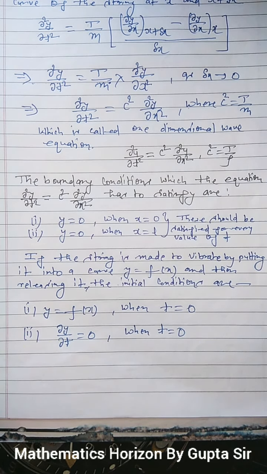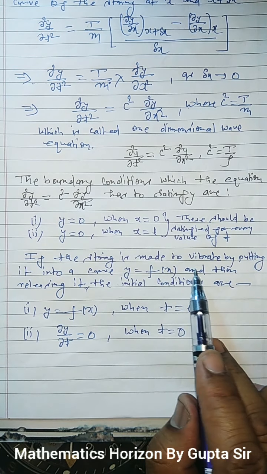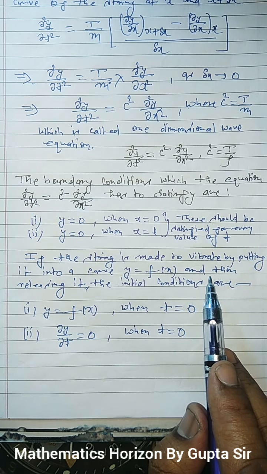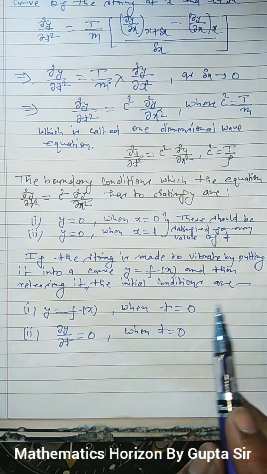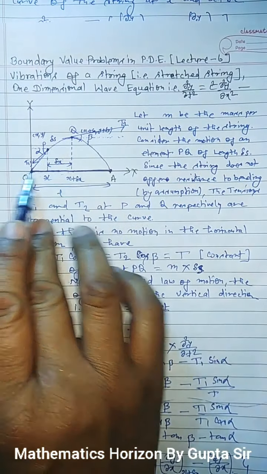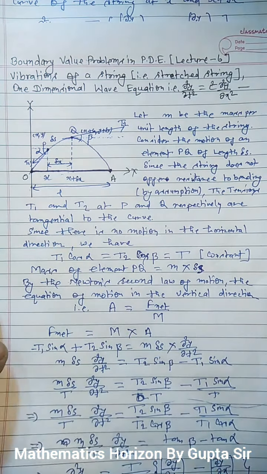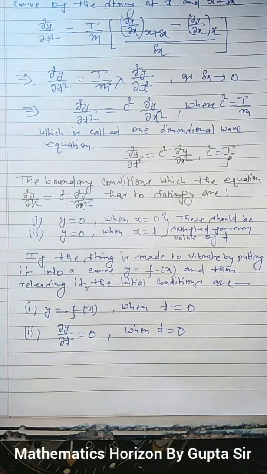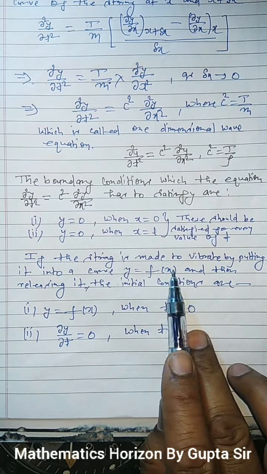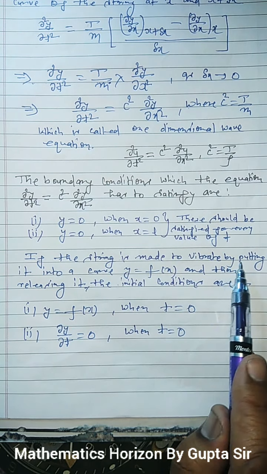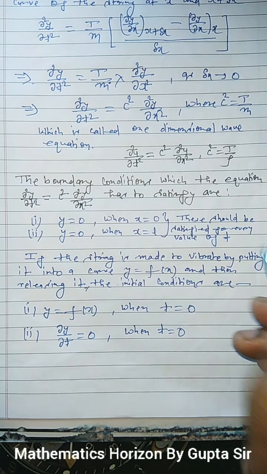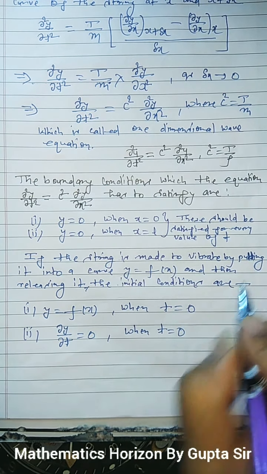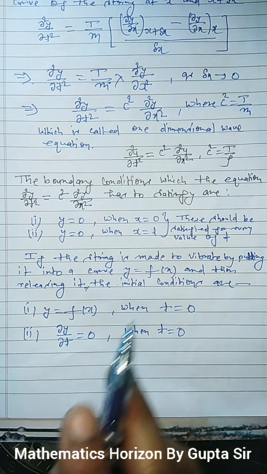Now, if the string is made to vibrate or it is displaced slightly from its equilibrium position, or string is made to vibrate by pulling, this is L, by pulling it into a curve.